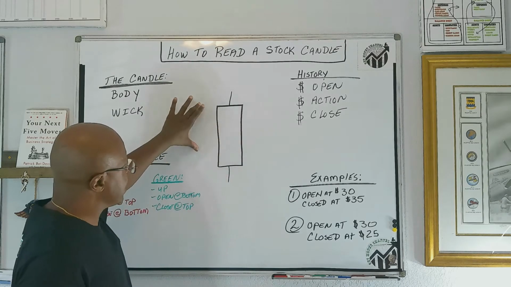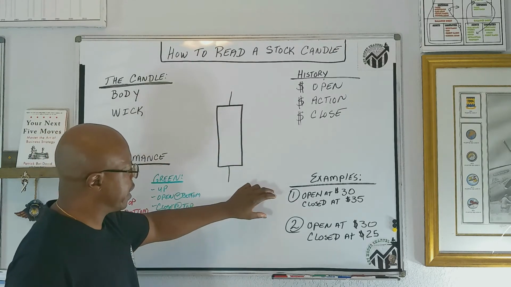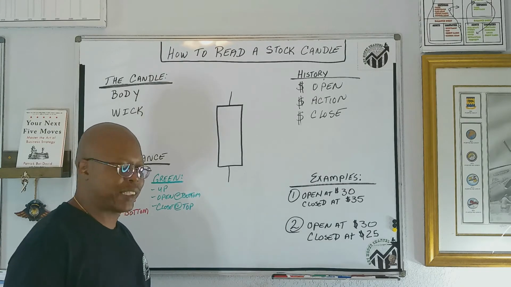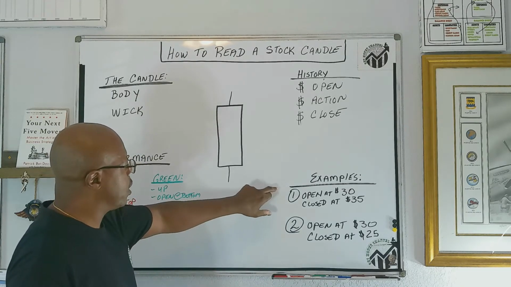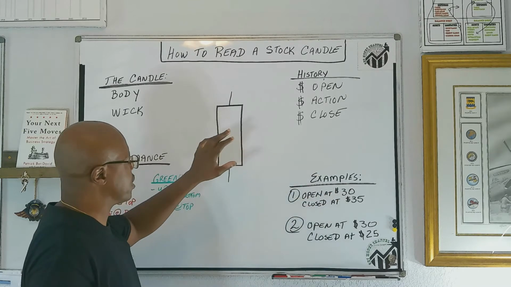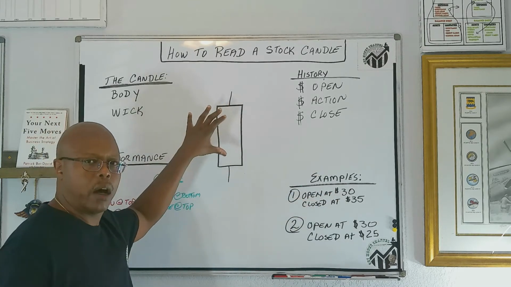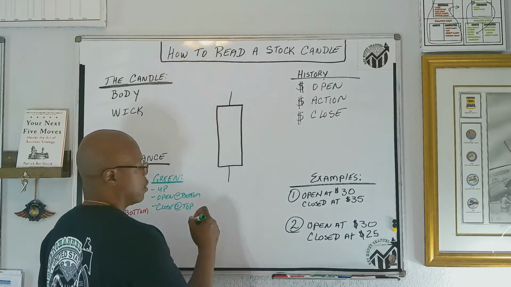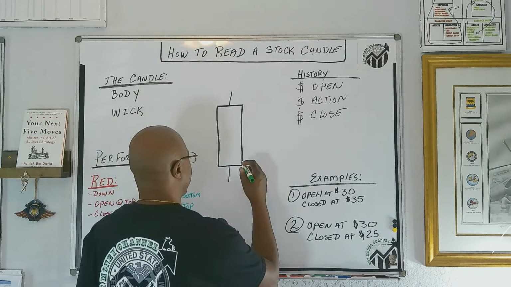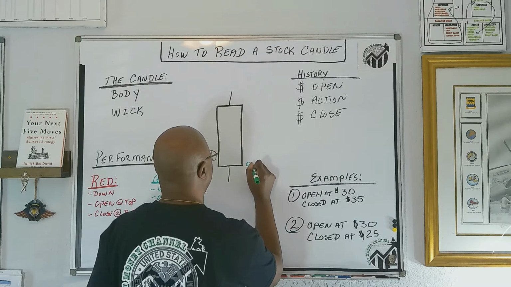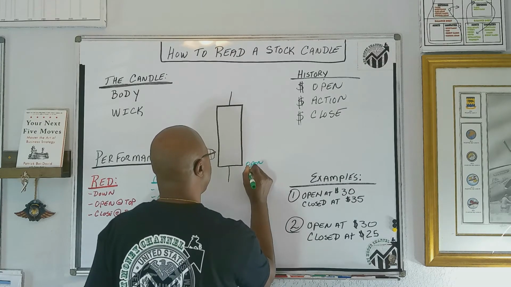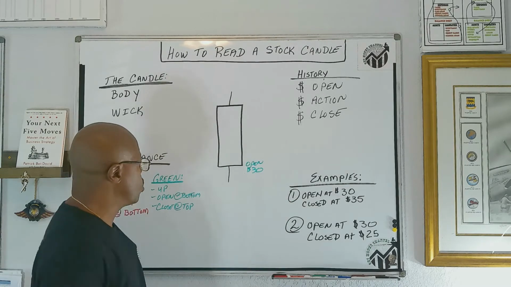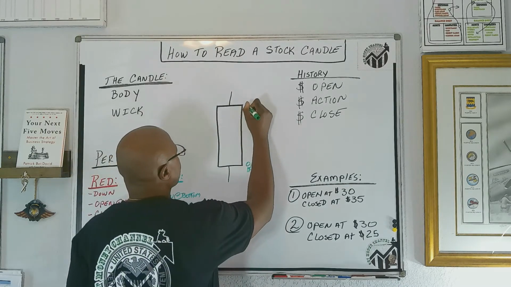So if this here is representing this open at 30, close at 35 on a one-day performance of that stock, where would we put the 30? Where would the 30 be represented on this here? All right, here's the answer. The 30 is going to be here. This is the open. So that means the close is going to be this top line.